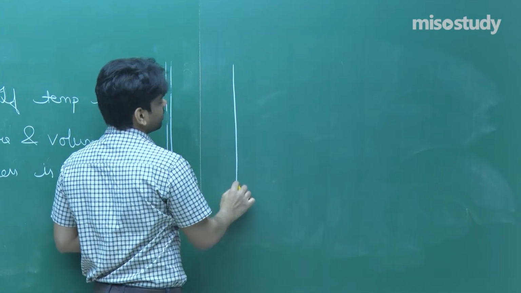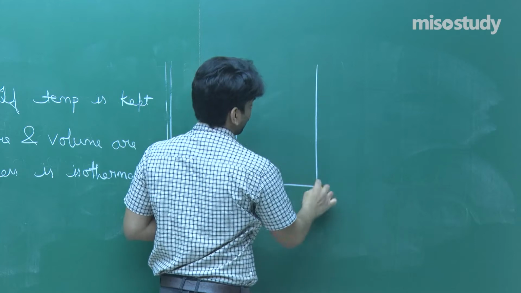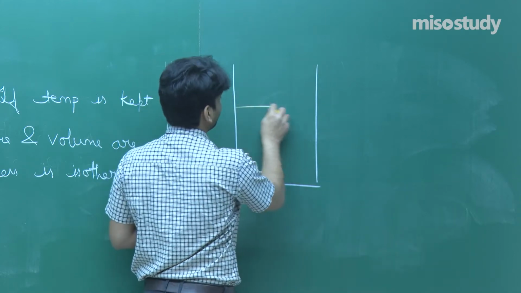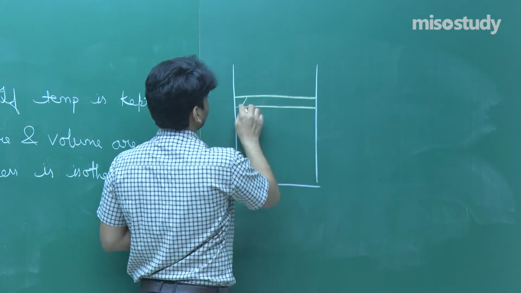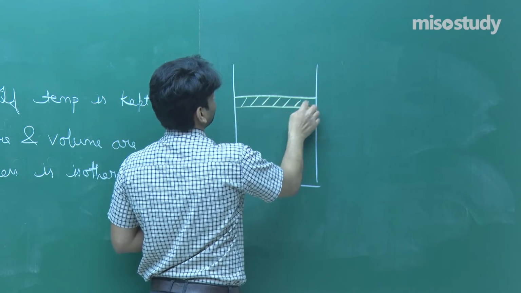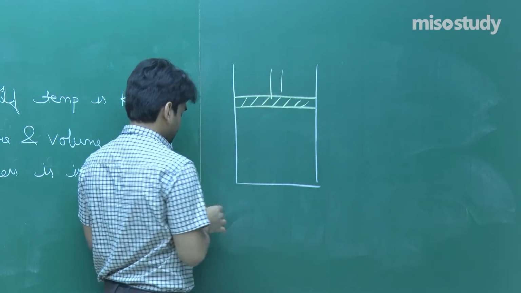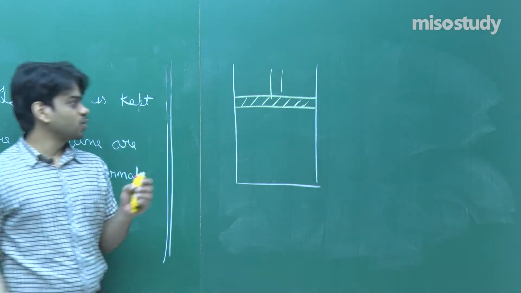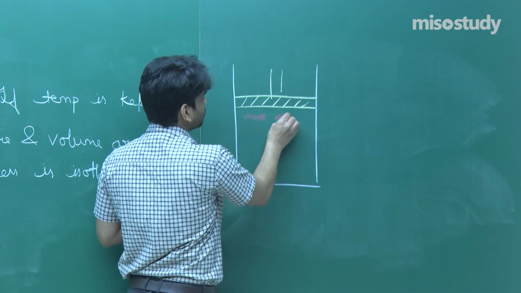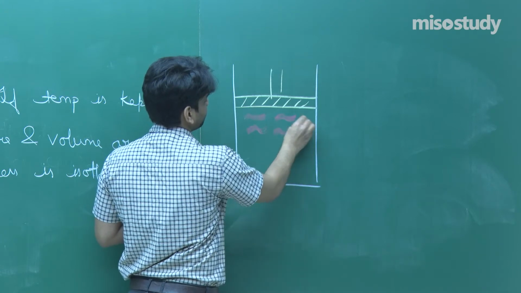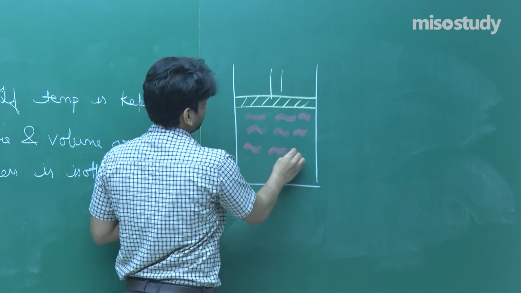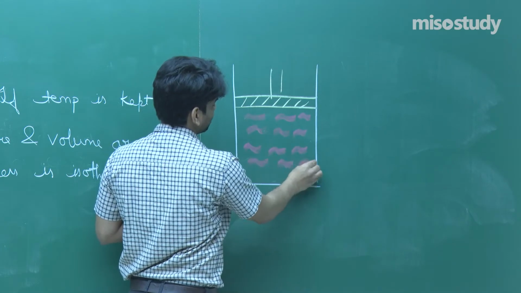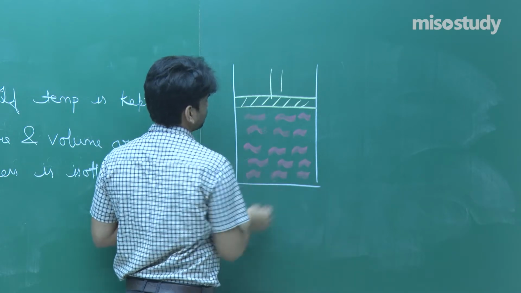Suppose I take one state of the gas, let's say this is the case. This is a piston, and this is gas enclosed within this container. This is how the gas is shown here.